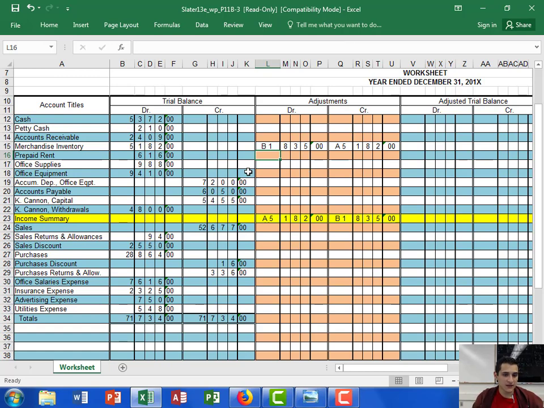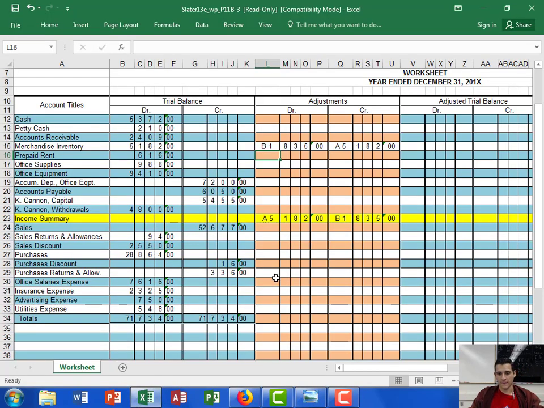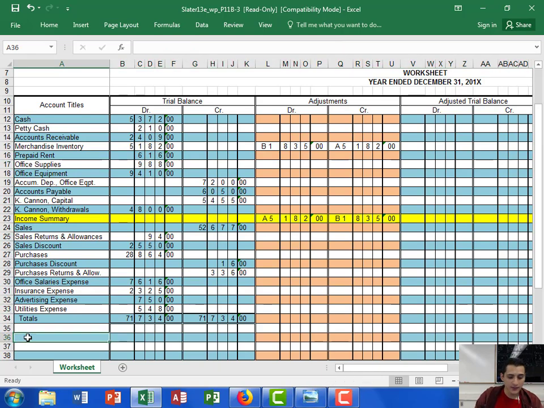But for this transaction, it's showing that office supplies used up for $210. So you've used up or gotten rid of $210 worth of your supplies. So you're going to have to look for office supplies. That's one account that we have.